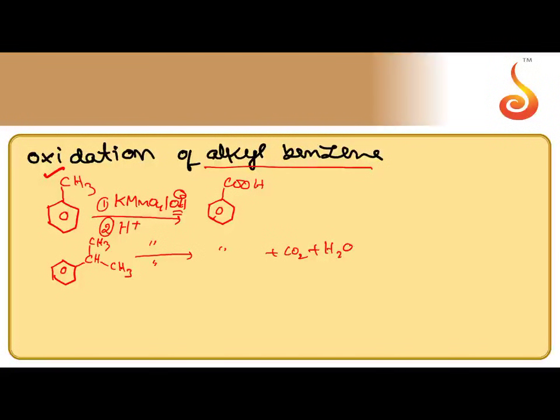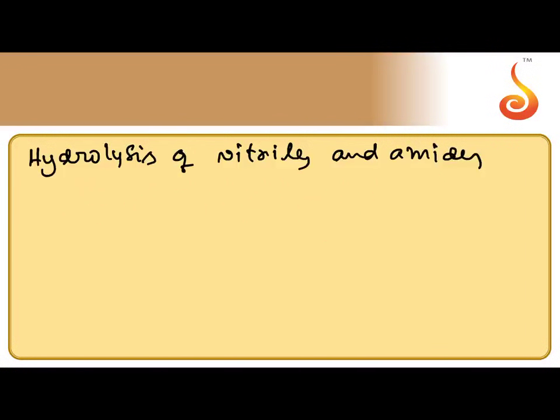But one condition is there: the benzylic carbon should have at least one hydrogen. If it is tertiary butyl which is attached to the benzene ring, there is no hydrogen attached to the benzylic carbon. So with potassium permanganate, this will not be oxidized to give benzoic acid.